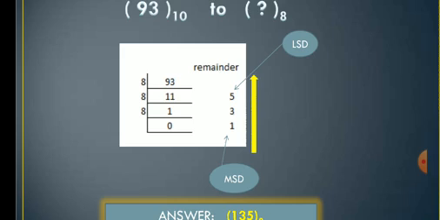For hexa, divide by 16. So this is the procedure to be used for converting from decimal to wherever you want: use the successive division method, and ensure that you divide the given number by the radix of the target number system.